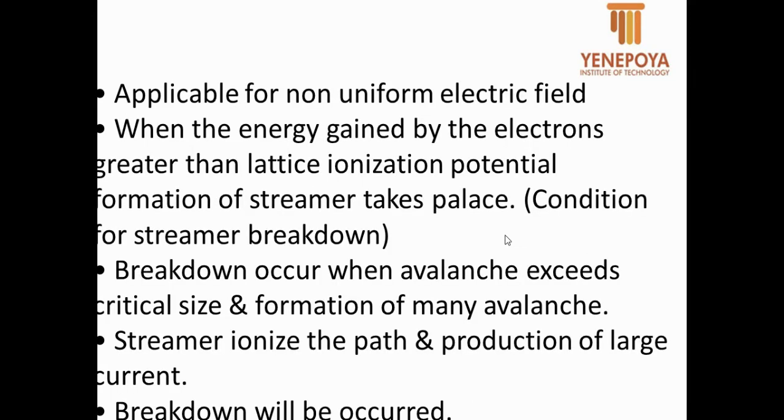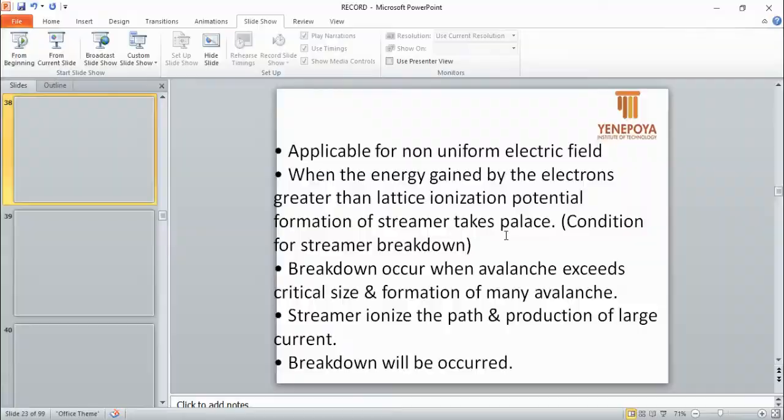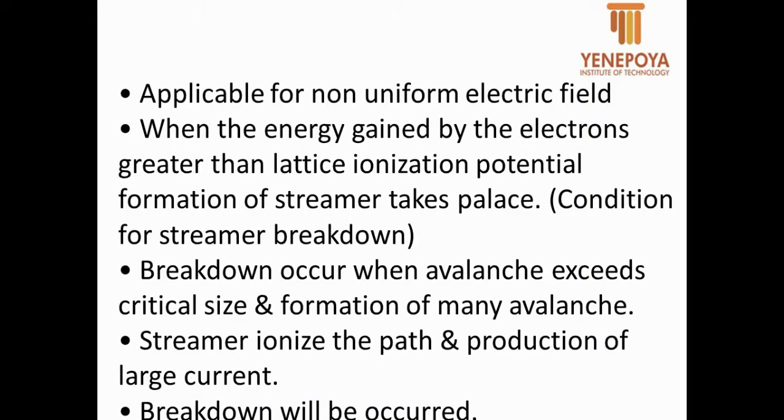It is applicable to non-uniform electric fields. Townsend's is only for uniform electric fields; streamer is for non-uniform electric fields. When the energy gained by the electrons is greater than the lattice ionization potential, formation of a streamer takes place.